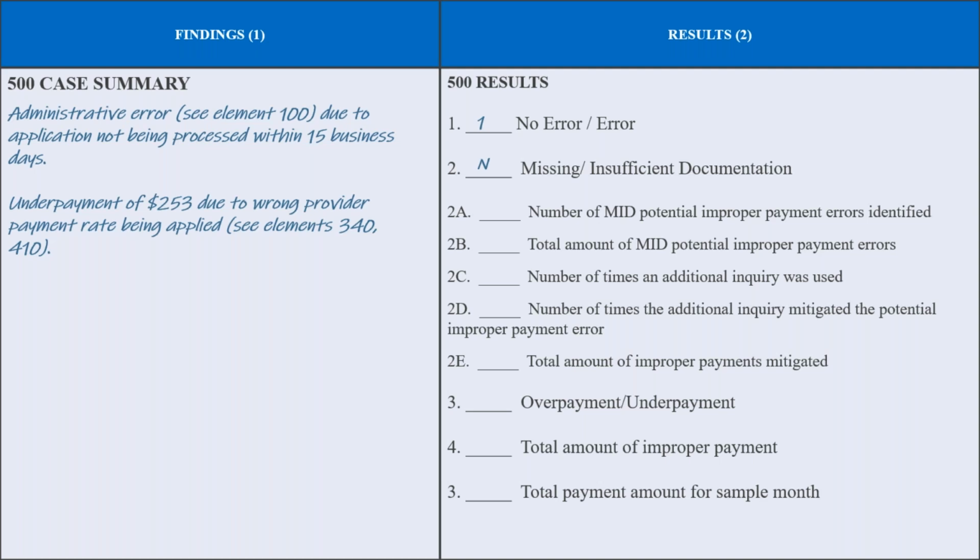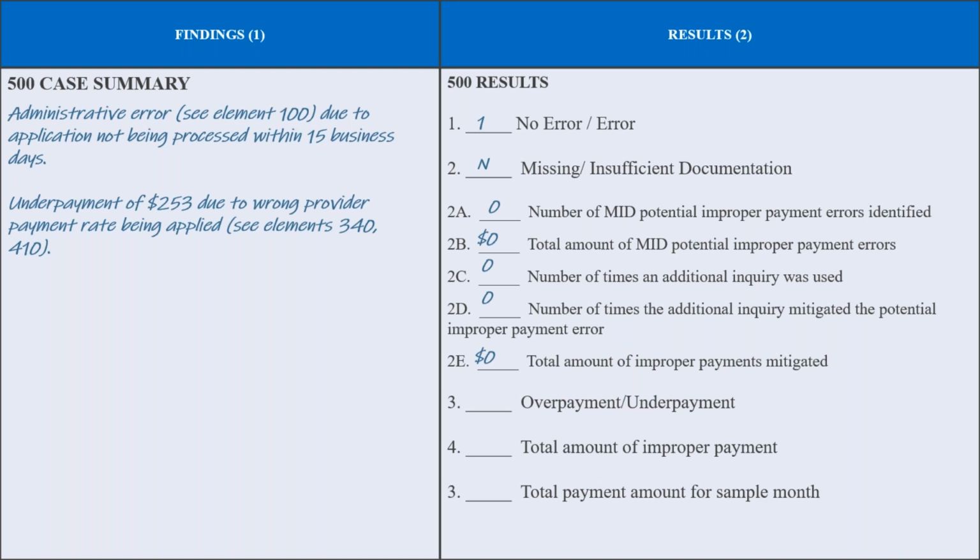Here, the payment error was not caused by missing or insufficient documentation. Items 2A through 2E really concern the MID, potential improper payments, and the additional inquiry. So we did not have any of those types of errors. We did not fill out the MID table. So we'll just make zeros down the line here.